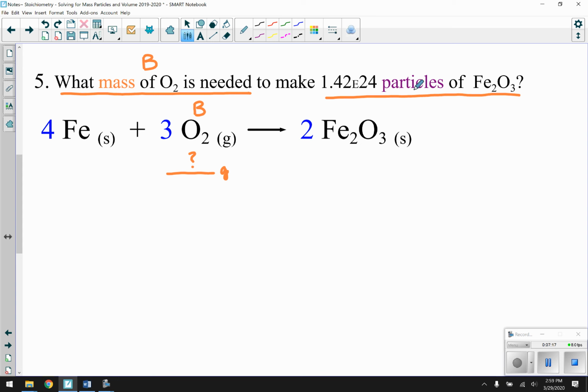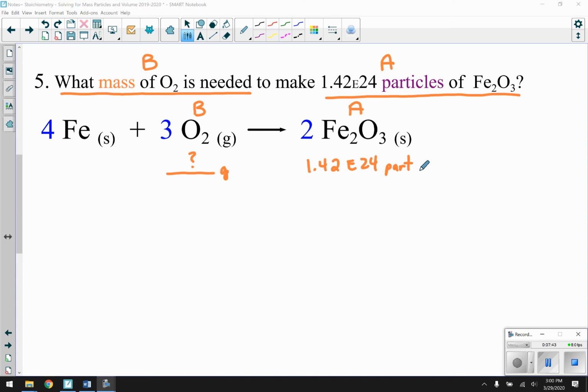No matter how this is worded, this is the substance that I gave you the information on, and so the given substance is always substance A. If we want to make this much, 1.42 times 10 to the 24th particles of this, we might want to know how much oxygen to start off with.